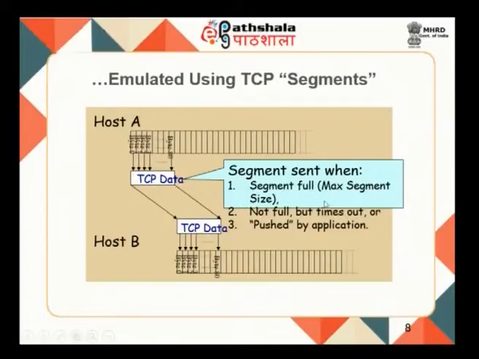But even if it is not full, if a timeout occurs, then it will send whatever data is available. Similarly, the application can push the data out of TCP: the application can give a command called push, and whatever data is in TCP's buffer will be sent out. So, depending on that, the number of bytes in a TCP segment could vary. TCP does not look at the data in terms of segments, but rather in terms of bytes.